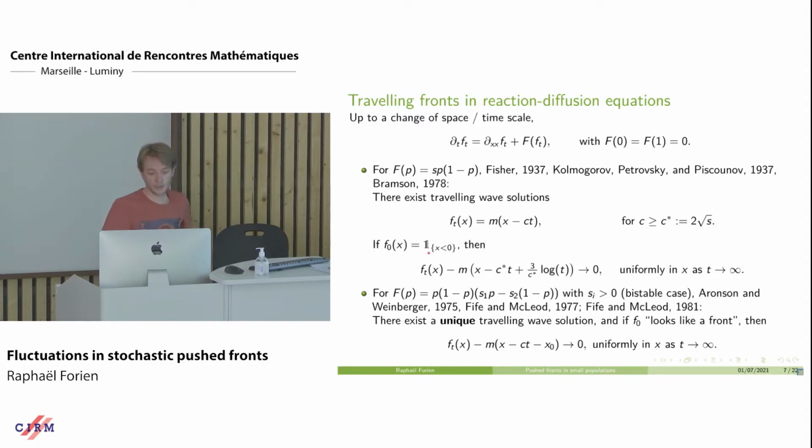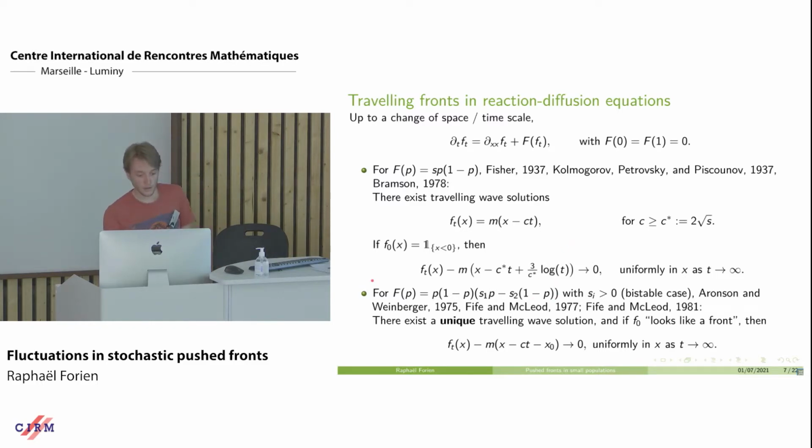And actually, if you start from a compactly supported or a Heaviside initial condition, then your solution converges to the front that is moving at the minimal speed c star, with a weird spatial shift that I'm not going to talk about.